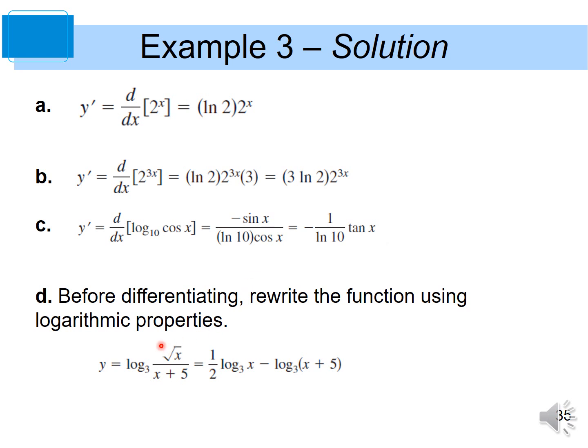For D, our function is log radical x over x plus 5, the base 3. So to differentiate this function, we can rewrite the function using logarithmic properties. We recall the properties in chapter 2. For division, we can split it into a minus, two different logs.